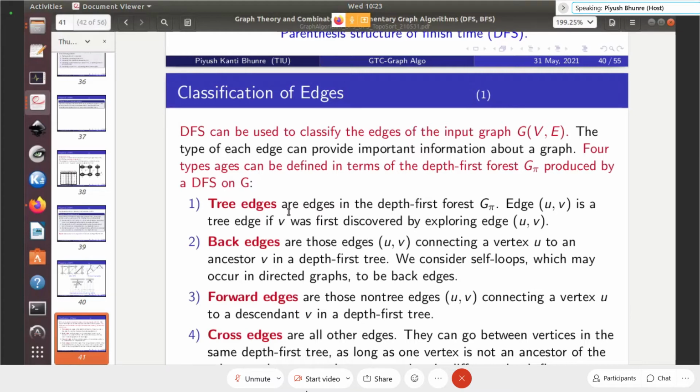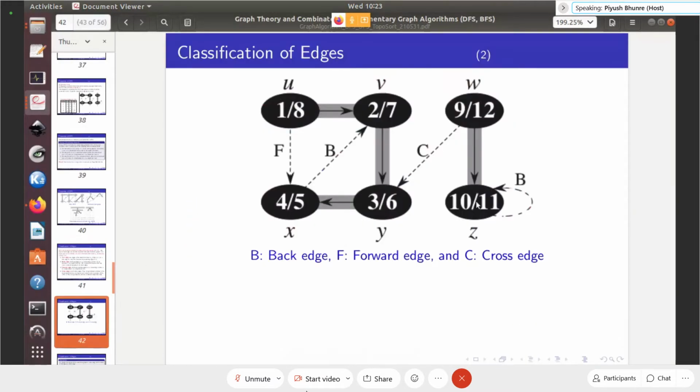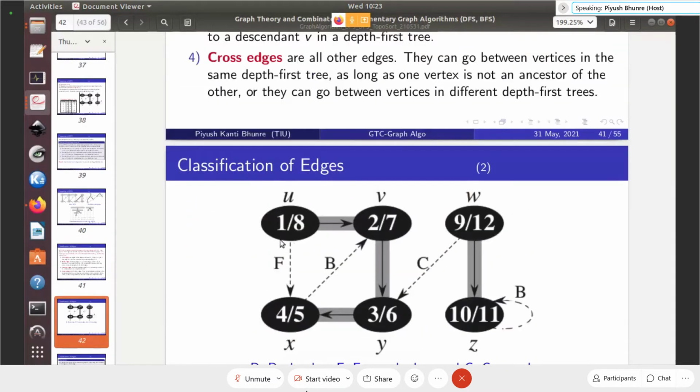Okay, so I think there is an image over here. You see that in the search v was discovered, and then y is discovered through v, and then x is discovered through y. When you process x and its adjacent vertices, the outgoing edges you look at to discover a new vertex, you see there is an outgoing edge that takes x to v, but v is an ancestor, right?